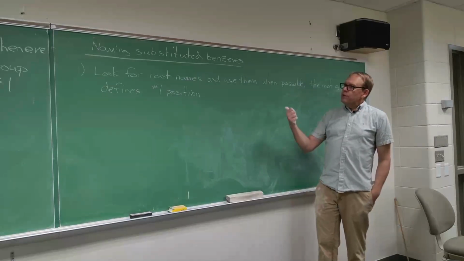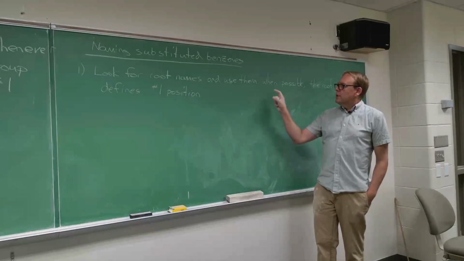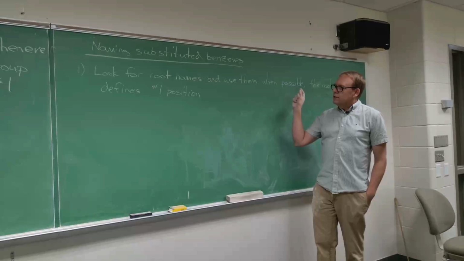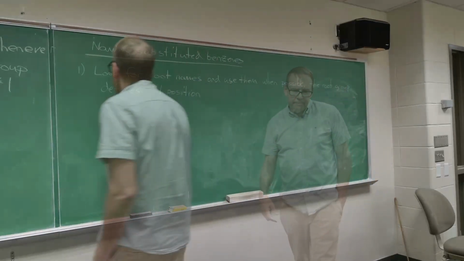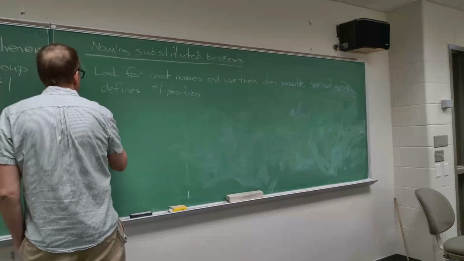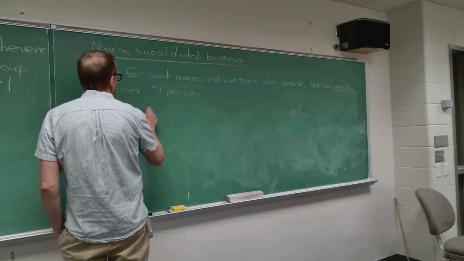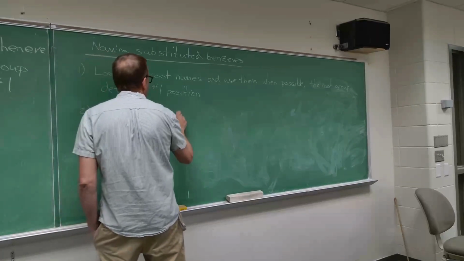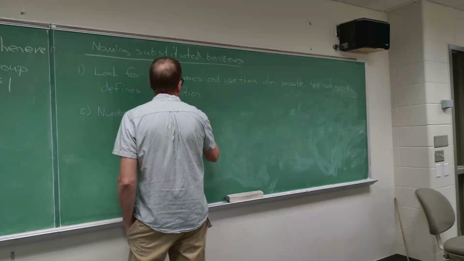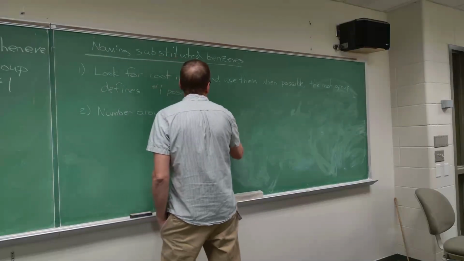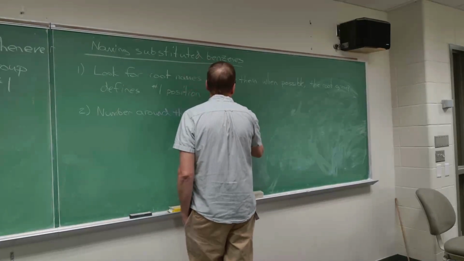So if you find one of those root groups, then use it, identify it, and define the number one position with it. And then the next thing you need to do is number around the ring to give the lowest set of numbers.